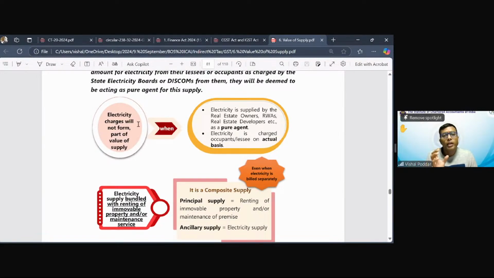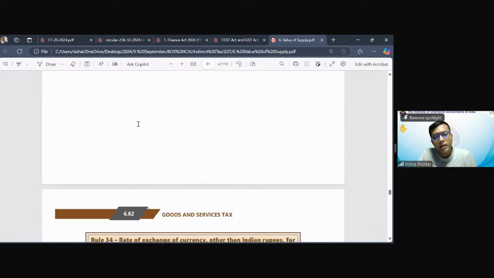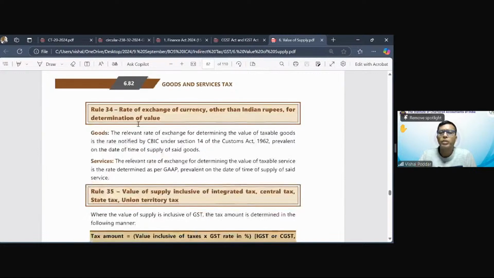However, where the electricity relates to your respective shop's consumption, for which there is a separate submeter, and I am collecting from you only whatever is there, in that particular case I act as a pure agent because you have your independent meters showing the electricity consumption. So I become the pure agent when I'm collecting those electricity charges from you and paying to the government.